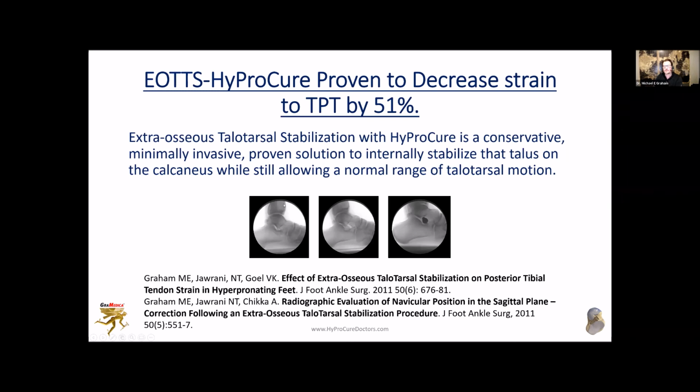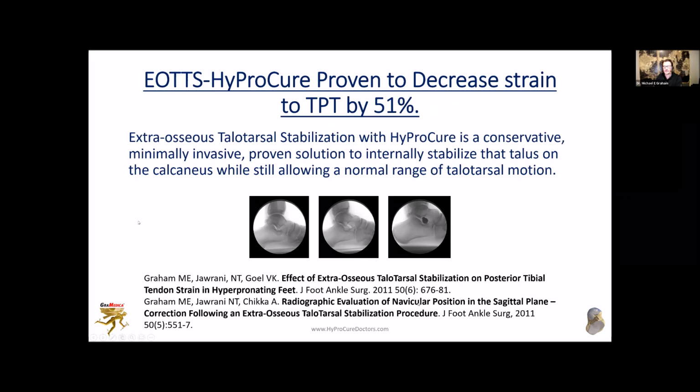The other thing too, there's a couple of things that happen that are decreasing the strain to the tendon. So number one is by putting in HyProCure and stabilizing the talus on the calcaneus, that then prevents the forces from pushing on the navicular, and that causes the navicular to drop. And so another study that I published showed how we elevate the navicular, we prevent navicular drop.